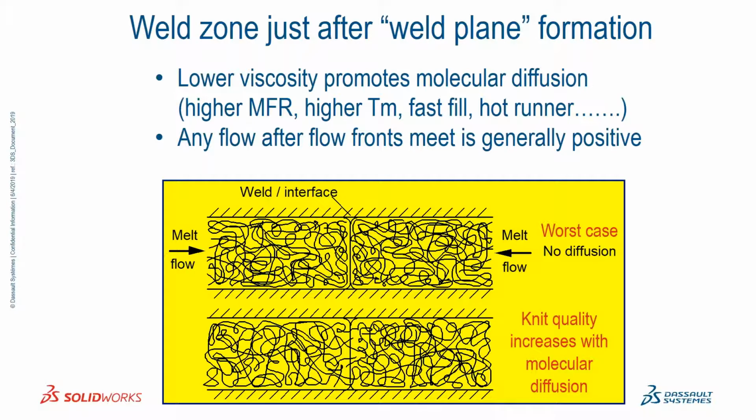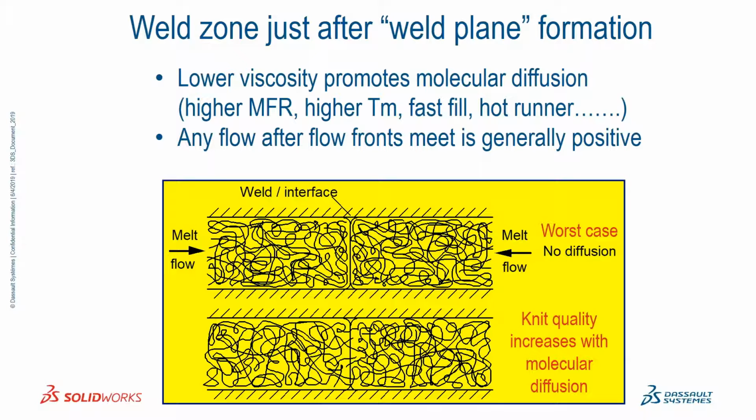So that's something we're going to have to think about. We're also now thinking, immediately when the melt fronts meet, what is the situation? The key here again is to make sure the gases are vented and that the melt itself has enough mobility or a lower viscosity that will allow polymer chains to cross over the interface and interact with one another.